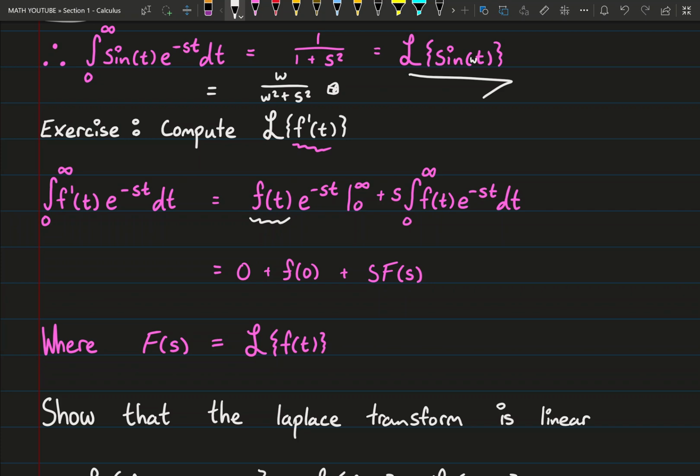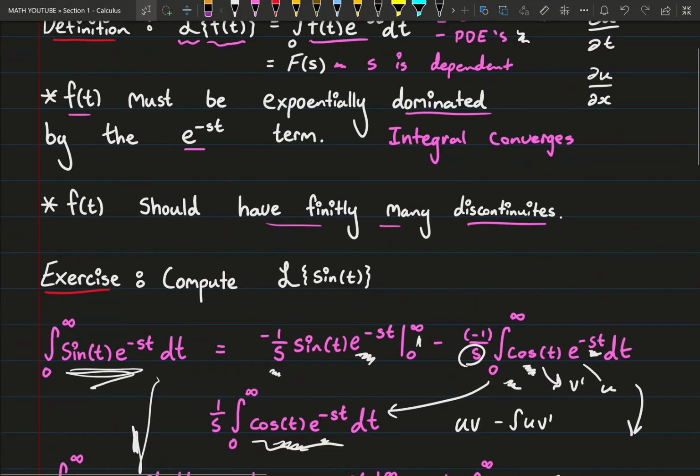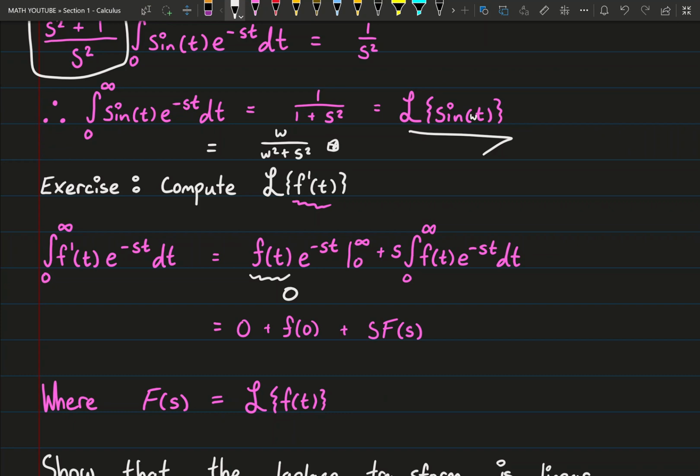So that gives us f of t multiplied by e to the minus st from infinity to 0. And of course, as t goes to infinity, we use the definition that f of t must be exponentially dominated by the e to the minus st term. So in a sense, that would mean that this would go to 0 as t goes to infinity.